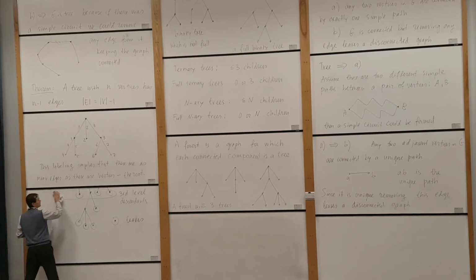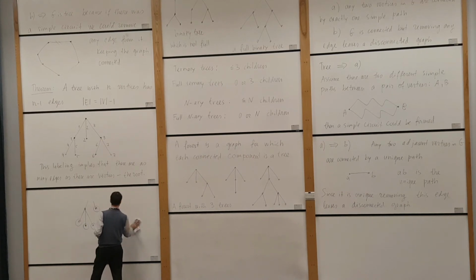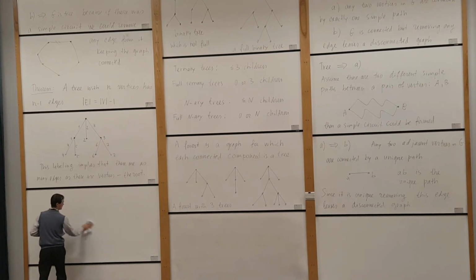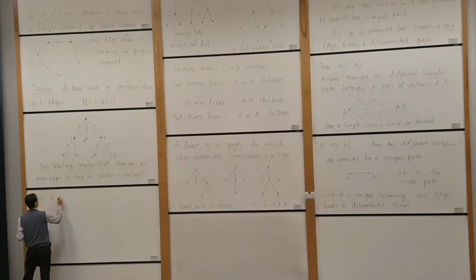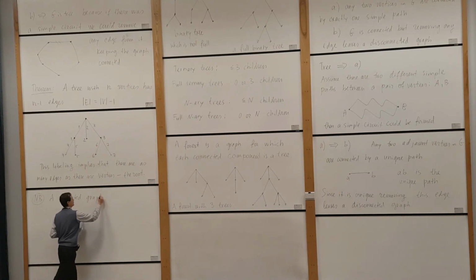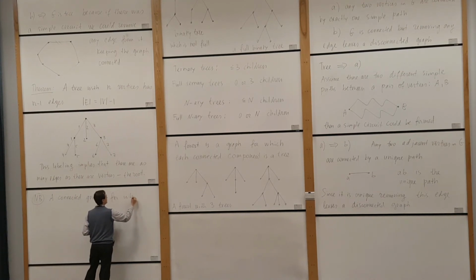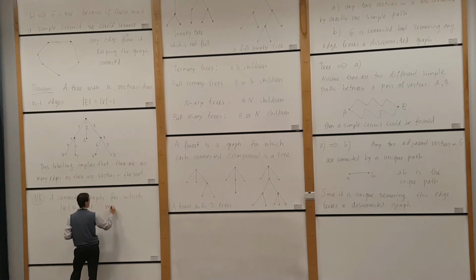And moreover, if you have a connected graph for which this formula holds, then one can prove that it must be a tree. Here I will omit the proof, but just as a remark, a connected graph for which the number of edges equals the number of vertices minus 1 must be a tree.